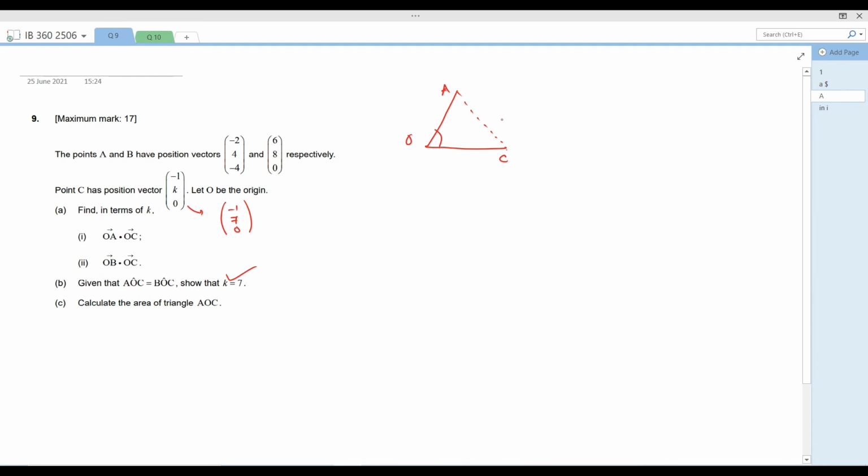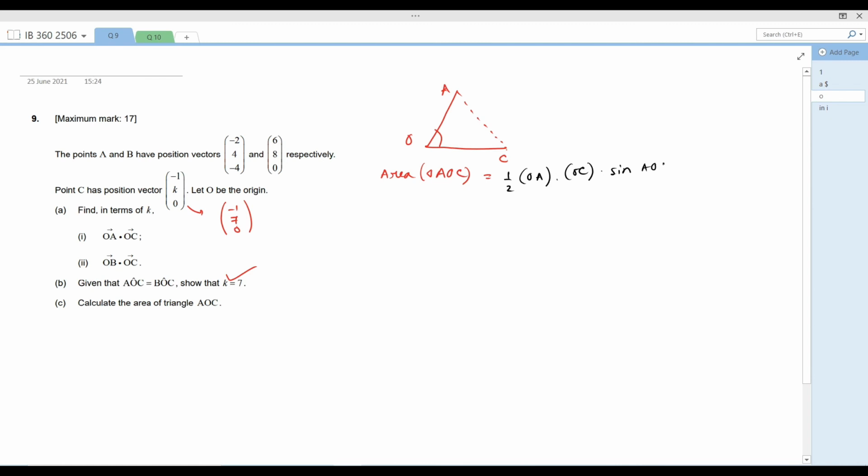For this we will need to use the sine formula. So the area of triangle AOC is basically, I am writing first the formula, half into OA into OC into sine of angle AOC.